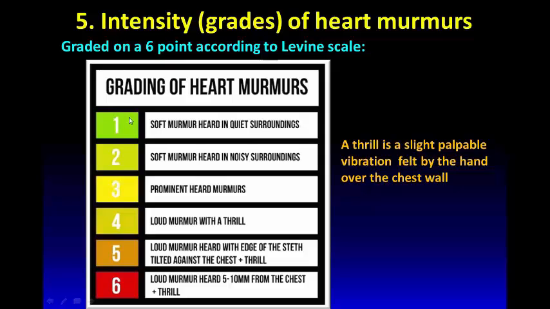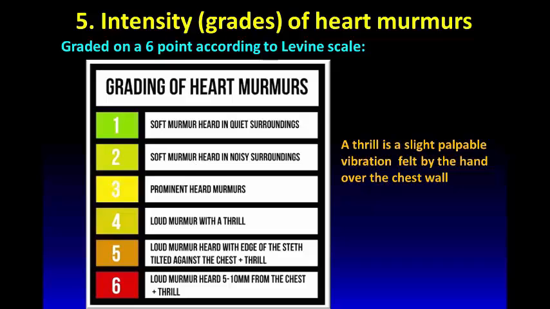So grade 1 or grade 1 over 6 murmurs, these are soft murmurs which are heard only in quiet surroundings. Grade 2 over 6 murmurs are louder than grade 1 murmurs, and they are soft murmurs which can be heard in noisy surroundings.